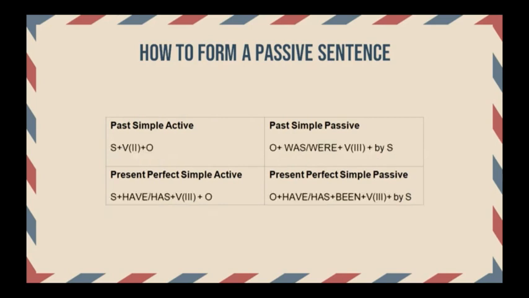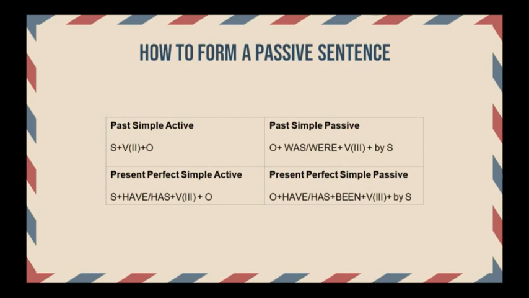But if we want to see this as a formula, past simple active is subject plus verb in the second column plus object, and the passive past simple is object plus was or were plus verb in the third column plus by subject.